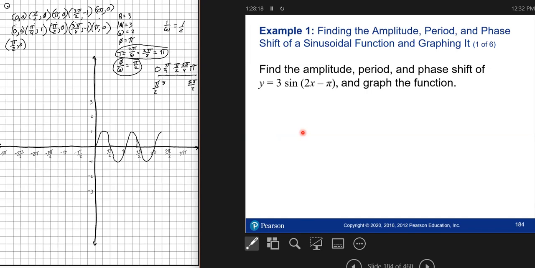No, this is going to be 3 pi over 4, and I added another pi over 4, so that's going to give me pi, and this will give me 5 pi over 4.